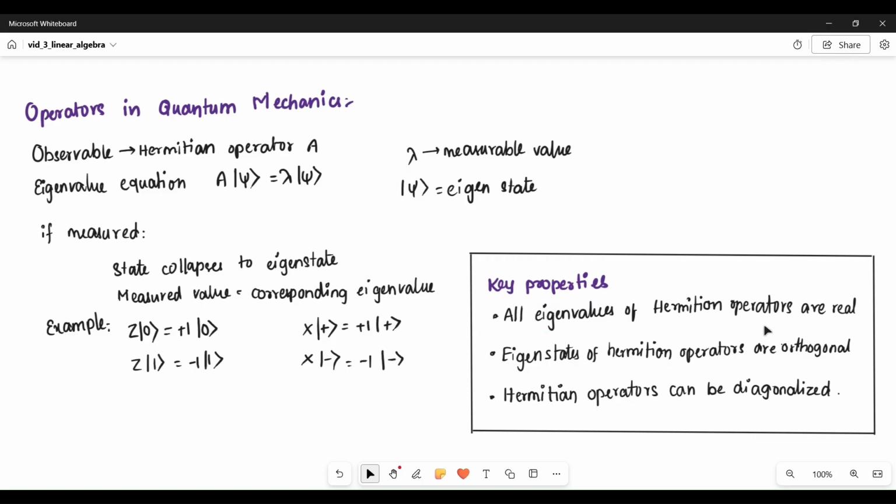Their eigenvalues are always real, eigenstates are orthogonal, and they can be diagonalized, which makes them easy to work with in quantum algorithms. Finally, the measurement basis is nothing but the set of eigenvectors of the observable. That's why we often talk about measuring in the z basis, x basis, or any other eigenbasis.